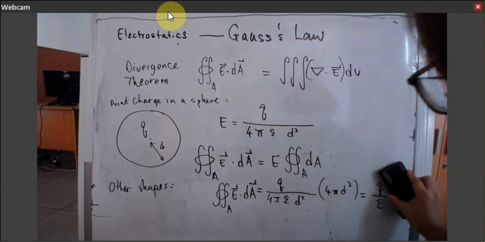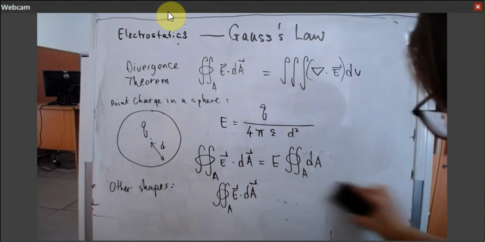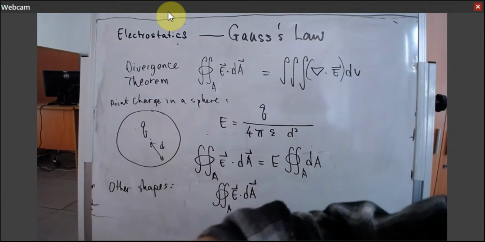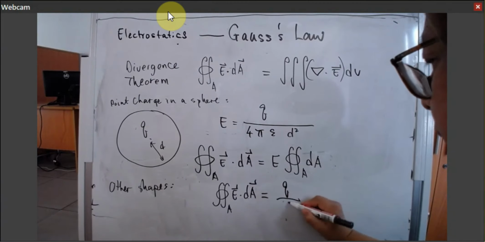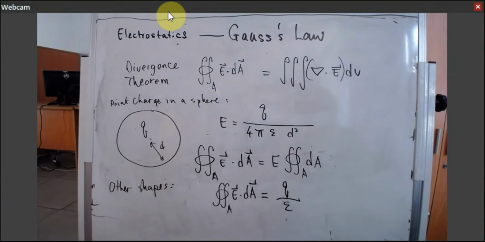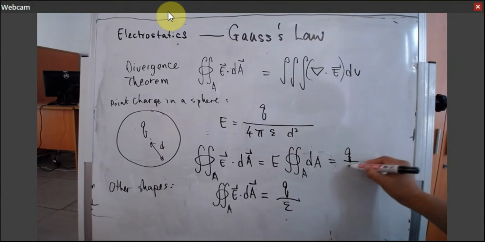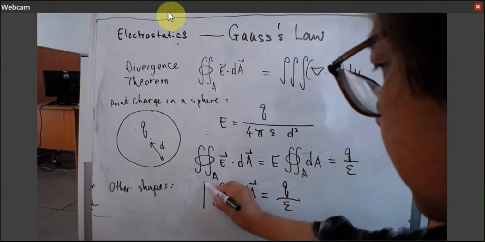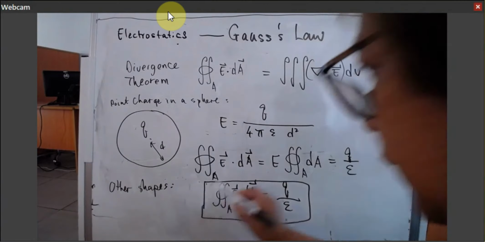So I better write it down more clearly: Q over epsilon. So this is the formula for Gauss's law.